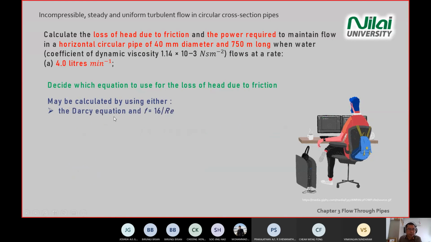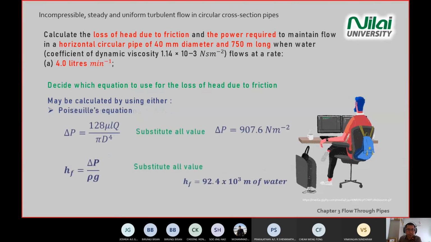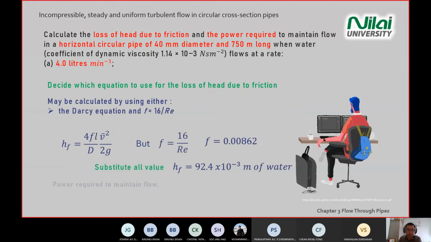Another one is using the Darcy equation. And then our friction factor is 16 over Re. You substitute all the values, you will get your HF also. 2.4.